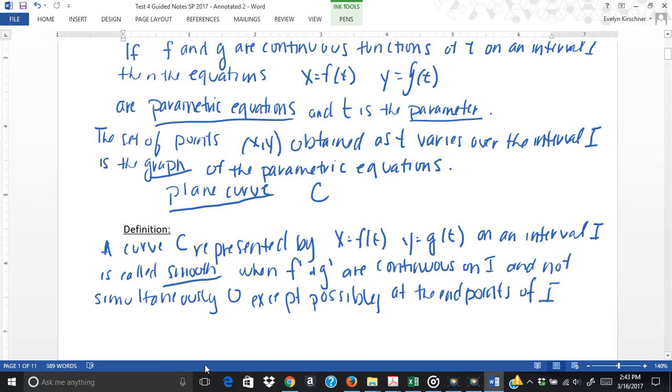And it's piecewise smooth when it's smooth on the subintervals.